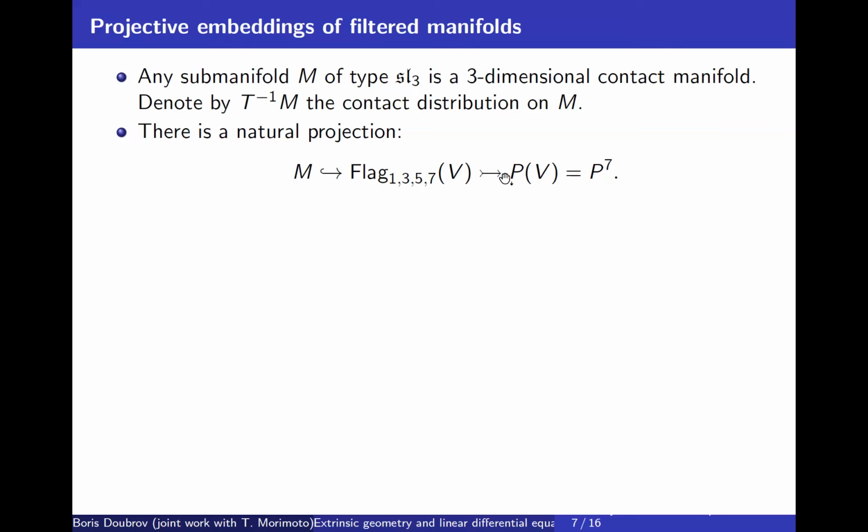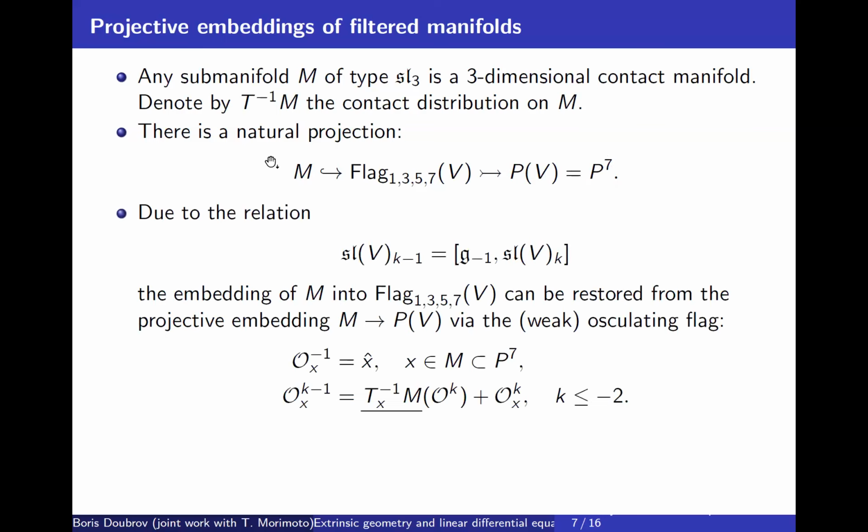So it has a natural projection to the projective space associated with V. If you forget the 3, 5, and 7-dimensional spaces and keep only the 1-dimensional one, that gives us the projection to P7. So any such submanifold M that sits in this flag 1, 2, 3, 5, 7 and has our predefined symbol can also be viewed as projected to P7, so it will be an embedding to P7.